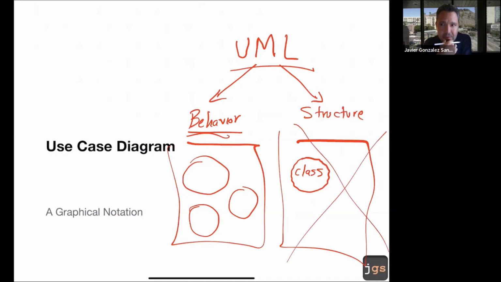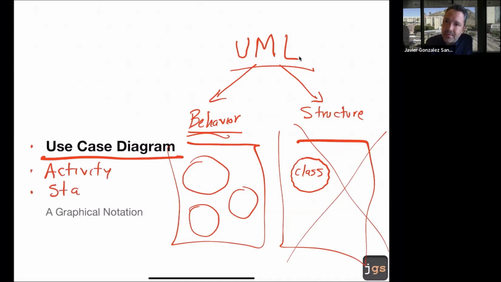Now, the behavioral ones, the diagram, the name of the diagram that we're going to use to represent requirements is this one, use case diagrams. Now, use case diagrams. Also, we're going to have activity diagrams and state diagrams.